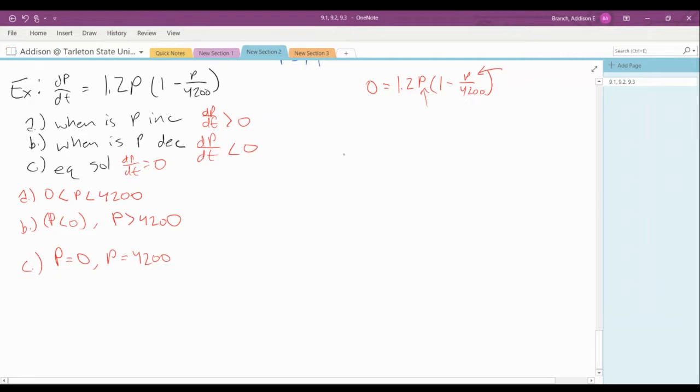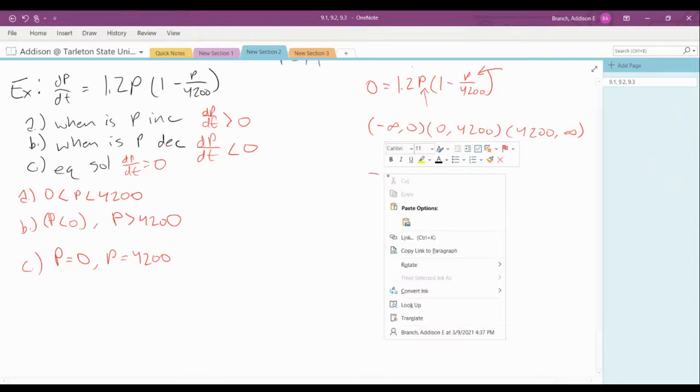And like I said earlier, we can do negative infinity to 0, 0 to 4200, and 4200 and bigger, like we did with increasing and decreasing. Plug a number in. If we plug in -1, we're going to get a negative times a positive.